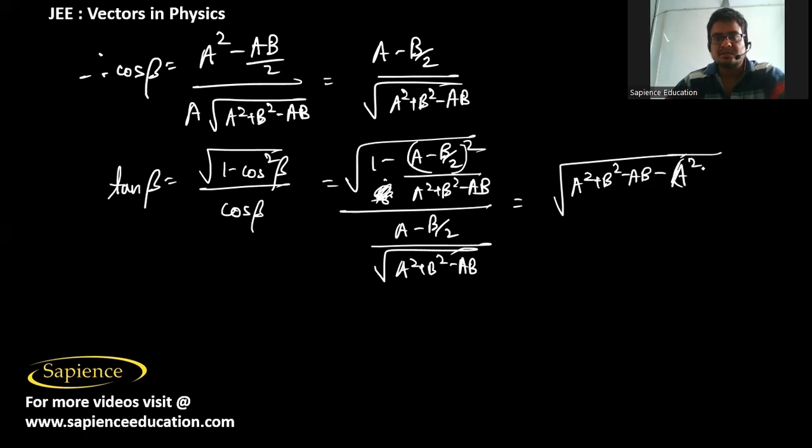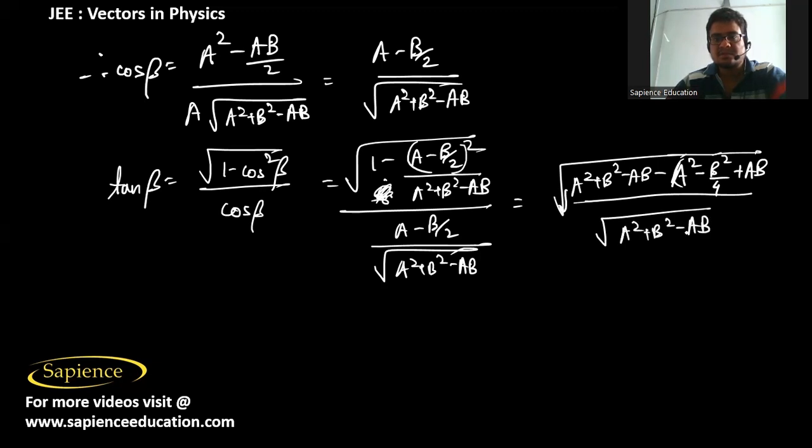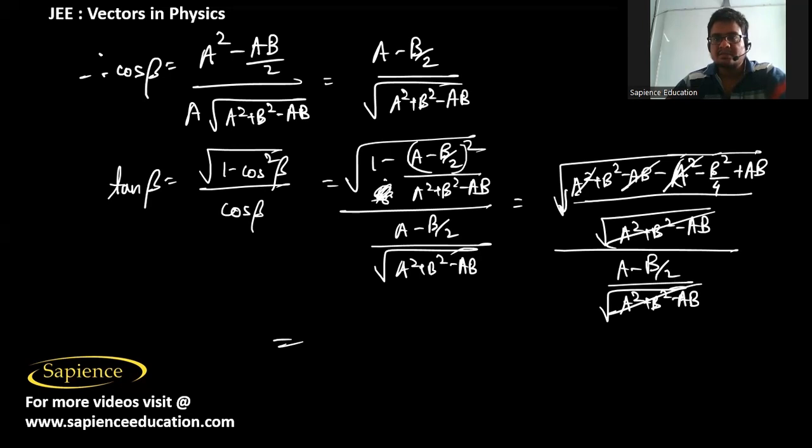So that is A square minus B square by 4, then plus 2AB, so that is AB, divided by square root of A square plus B square minus AB divided by A minus B by 2 by square root of A square plus B square minus AB. So this part will get cancelled. Then A square will cancel, AB will cancel.